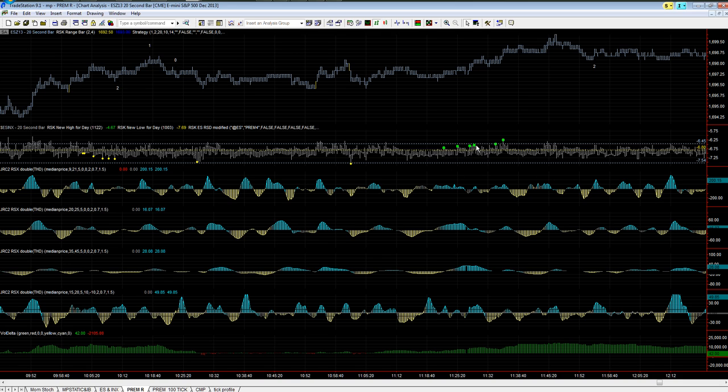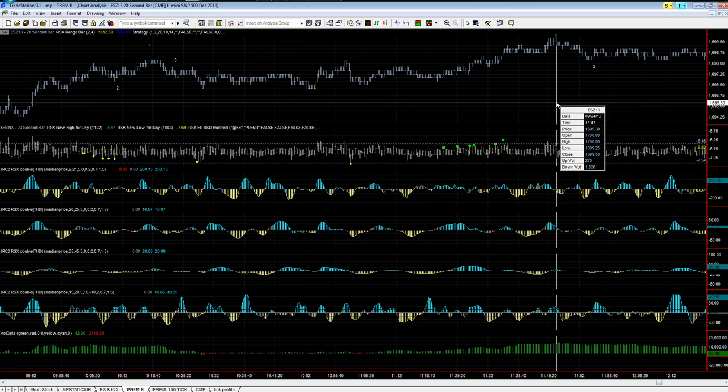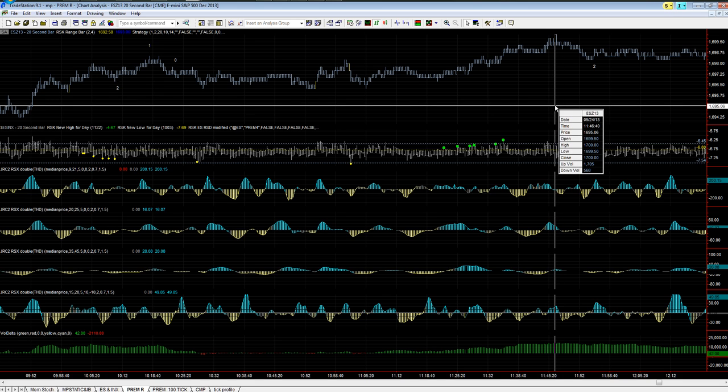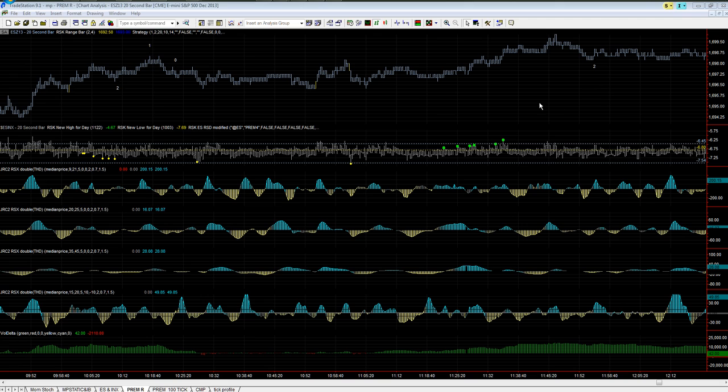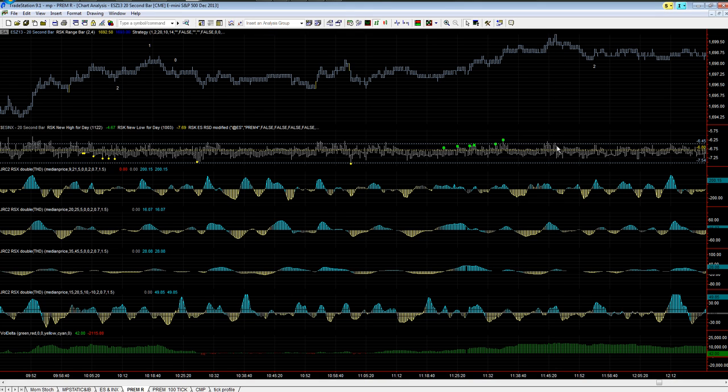Newer highs on the premium. Up, up, up she goes. Higher highs. As we hit 1700, once again, the highs of the premium are below the upper threshold.